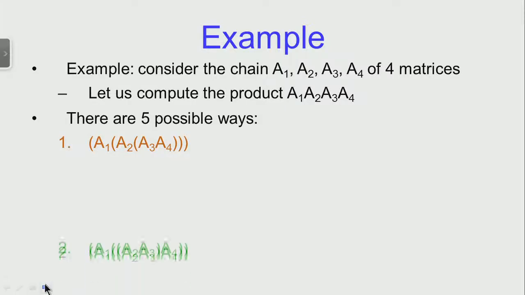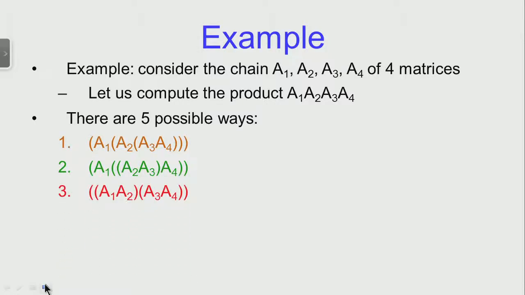In the next parenthesization, the innermost parenthesis is the one that encloses the product A2, A3, which is computed first. The result is then multiplied with A4. The result of this matrix multiplication is then multiplied with A1. The other parenthesization is more interesting than the first two because it is different. Observe that there are 2 innermost parentheses.